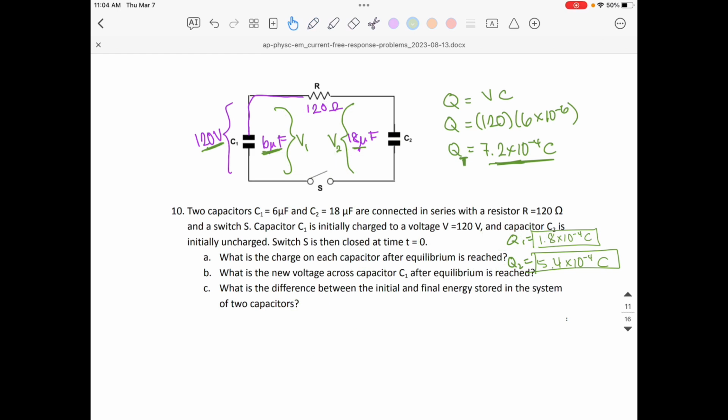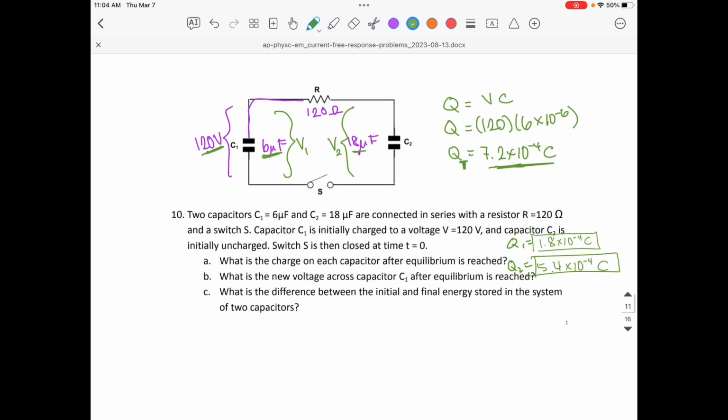The voltage across capacitor C1 after equilibrium: this is the equation for voltage, charge over capacitance, and for Q1 it's 1.8 times 10 to the negative 4 all over 6 times 10 to the negative 6. The voltage ends up equaling 30 volts.